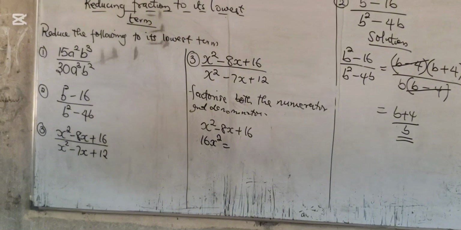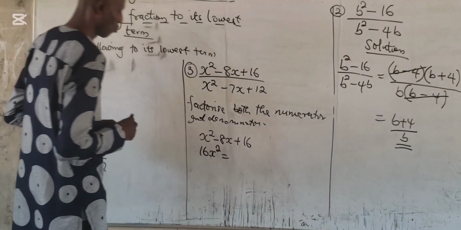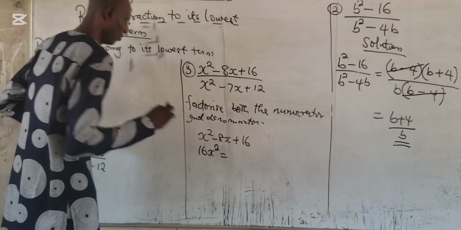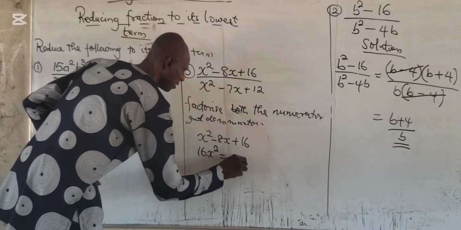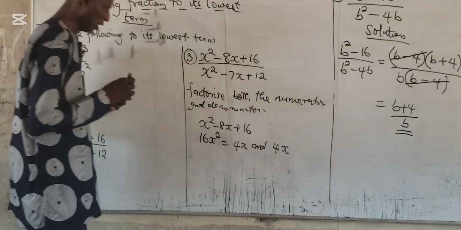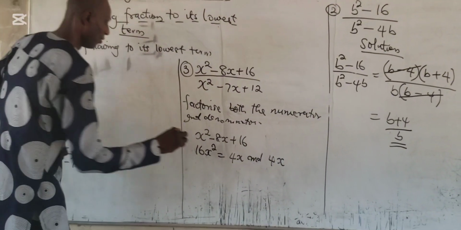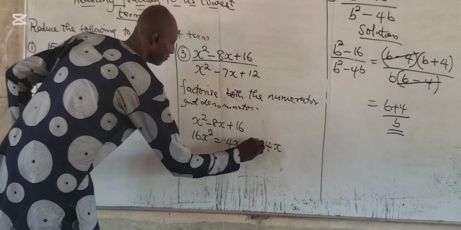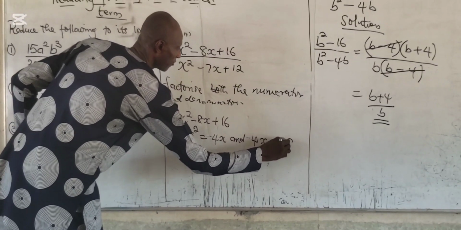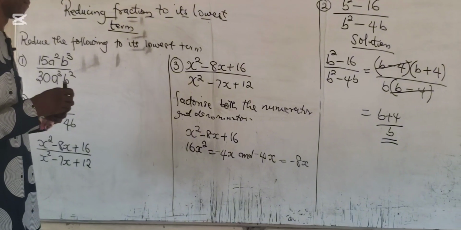Two numbers you will multiply that will give you 16. I can say 16 times 1, but you must get this 8. So let me use 4x and 4x. The sign is a negative value, so the two numbers will be negative. This will give me minus 8x, which is also the center value.